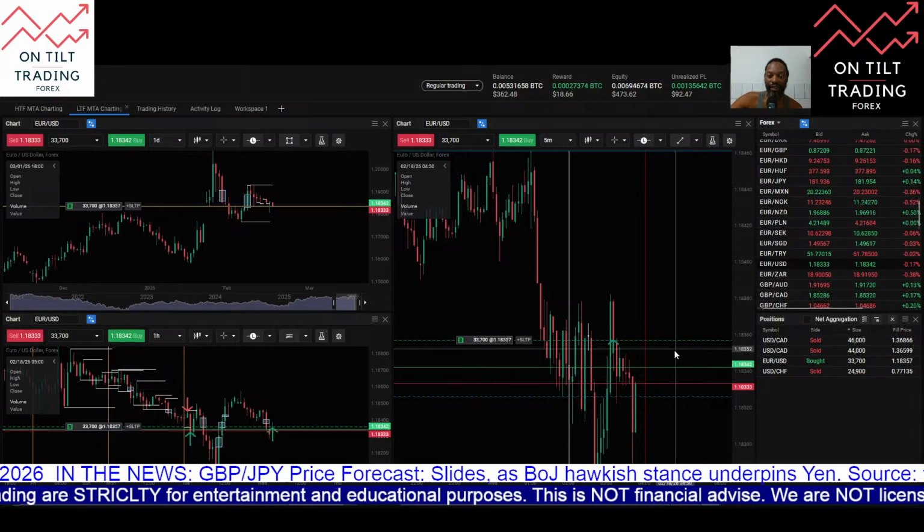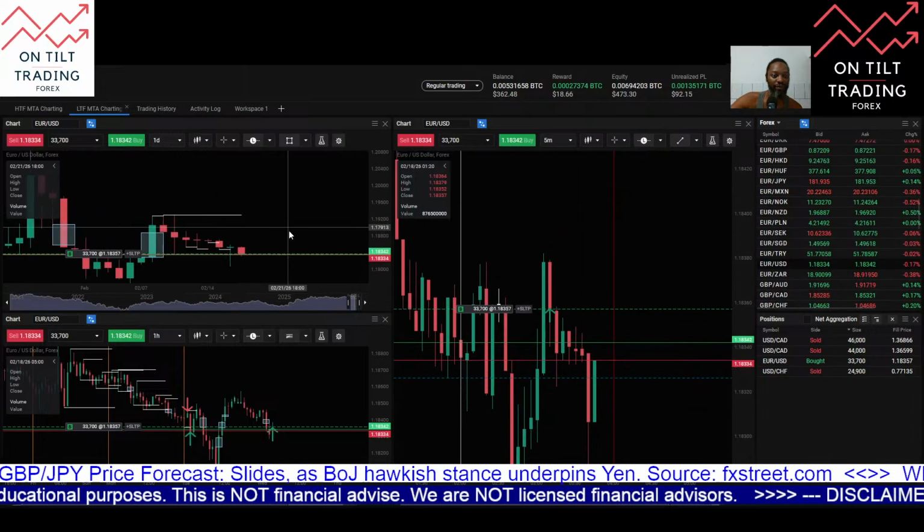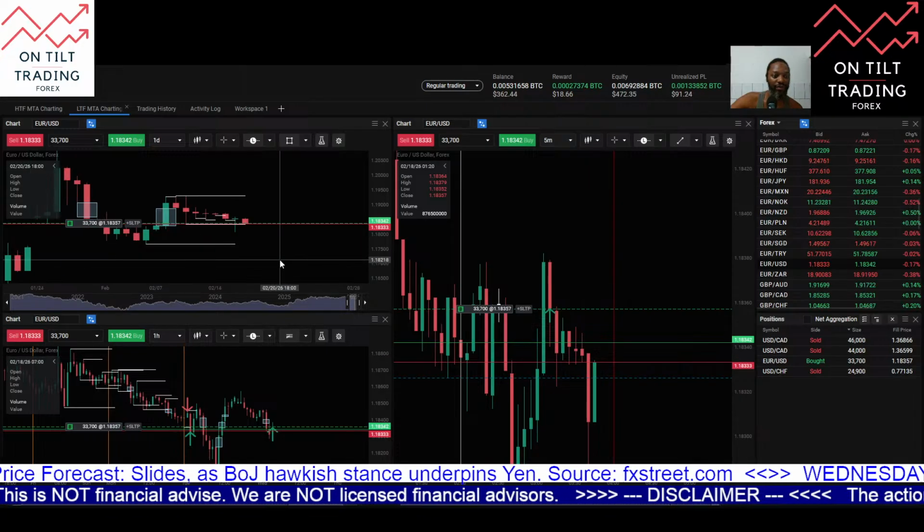Back over to euro dollar here, seeing that buy side delivery that I would want to see for potential continuation here.